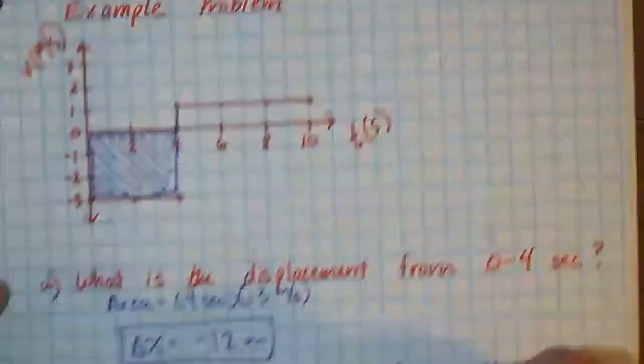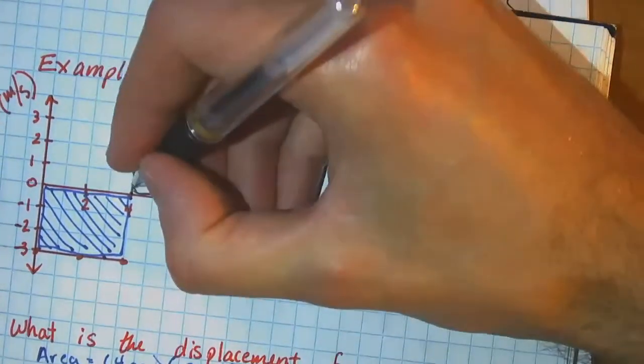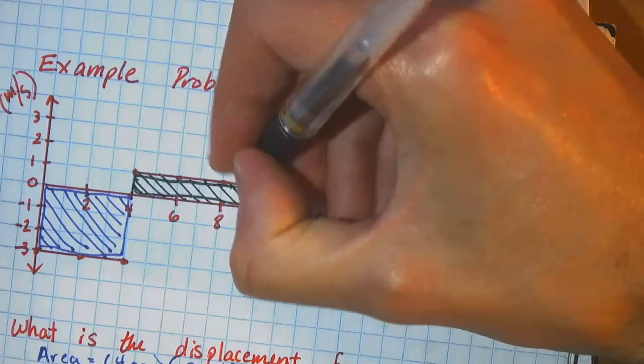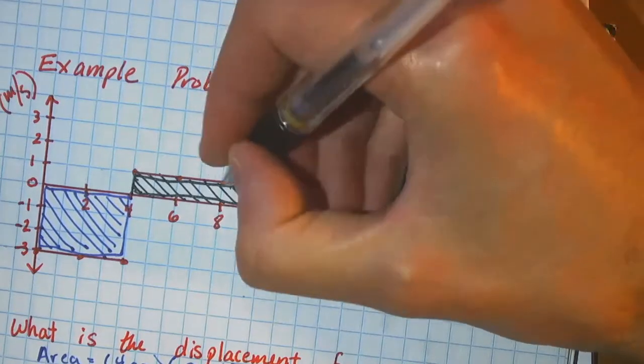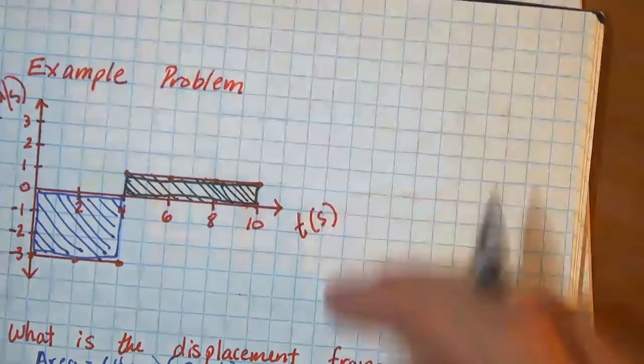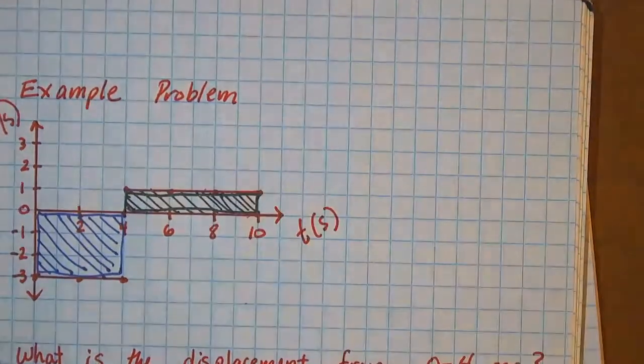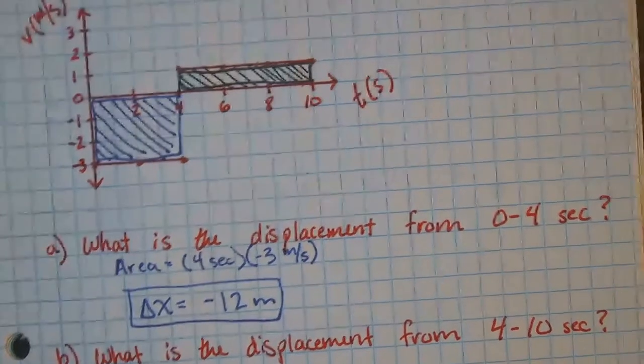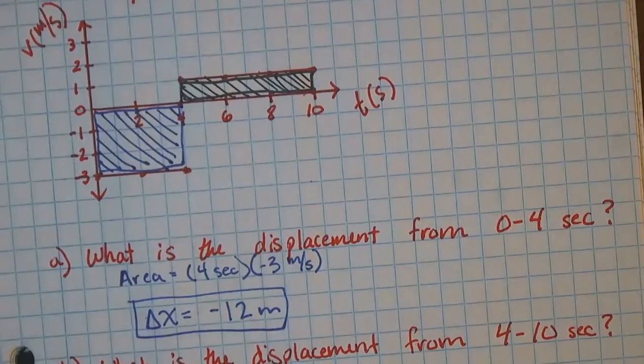So we're just going to shade that region in now. If a problem ever asks you to show the displacement on a velocity versus time graph, this is how you show it. You just shade it in. So that problem might show up later.